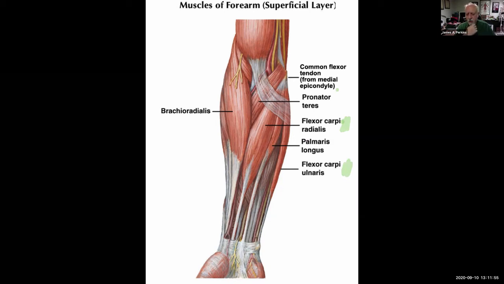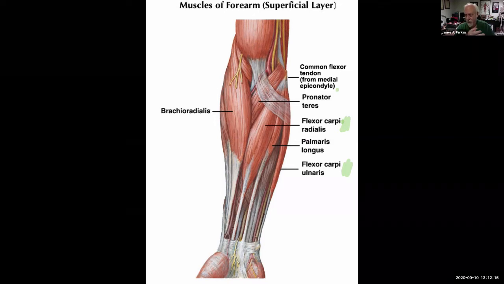But it's also possible for these muscles to work by themselves and not work together in unison. And when that happens, you may get flexion, but you may also get a different motion. They can be responsible for, or they can participate in the motions of abduction and adduction of the hand at the wrist joint.